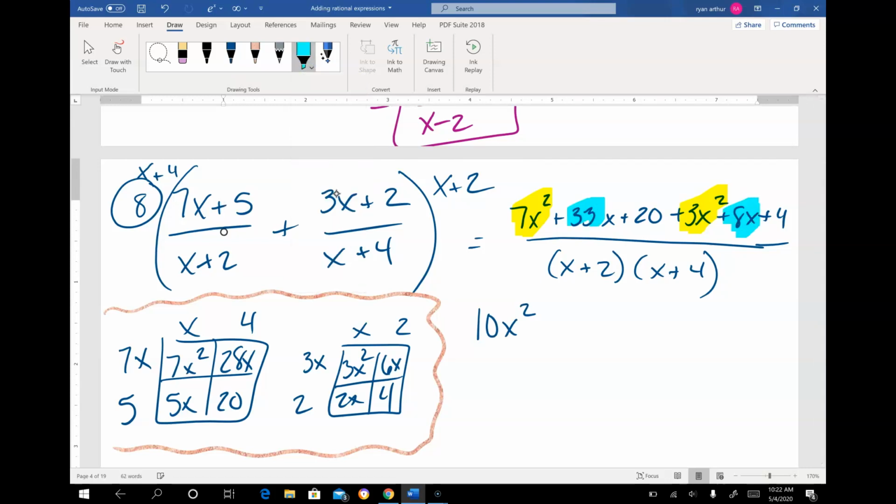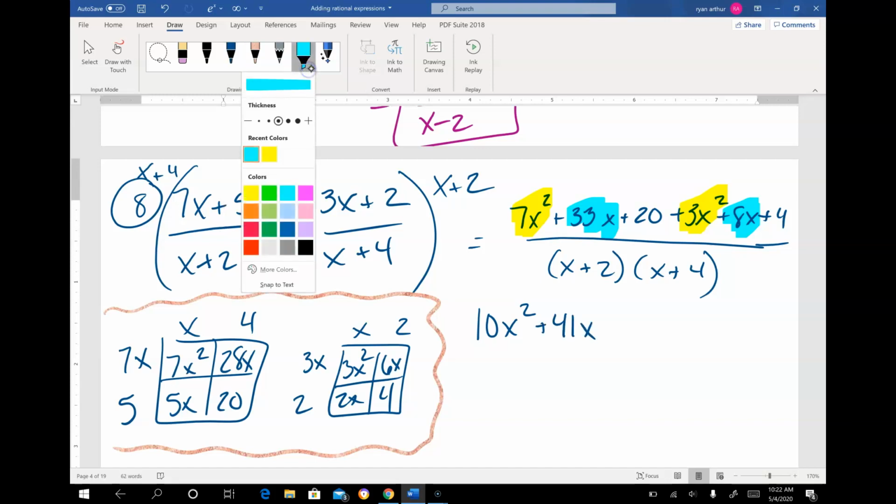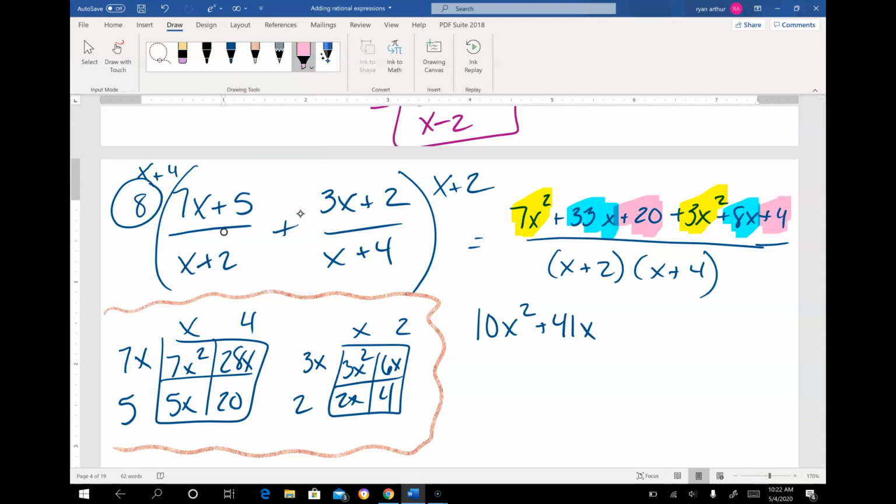Well, that's 8x and 33x. So 33 plus 8 is going to give me 41x. Then I have your constant term, which is your 20 and your 4, which is going to be plus 24, all over x plus 2, x plus 4.